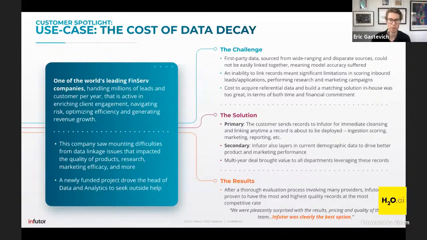This multi-billion-dollar company found that both in terms of time and financial costs, the cost was too great. And so the solution was that we were able to cleanse, link, and refresh data that they had to improve model accuracy, highlight some areas where it appeared models were drifting, and add more variables in to tighten those models up.